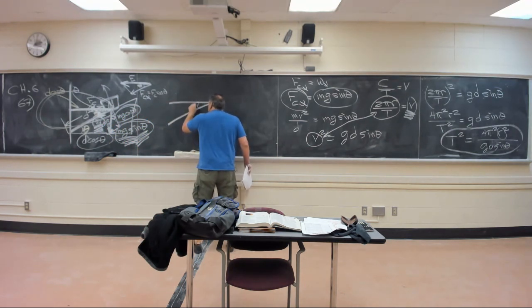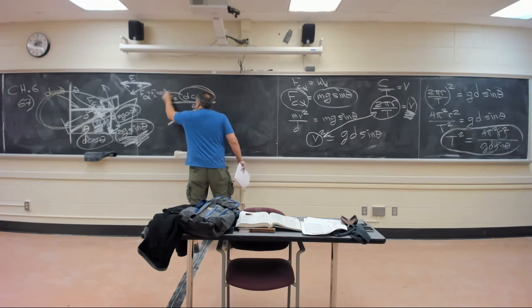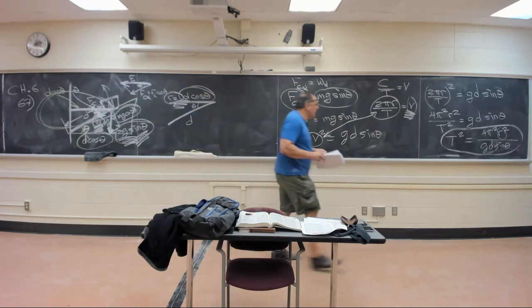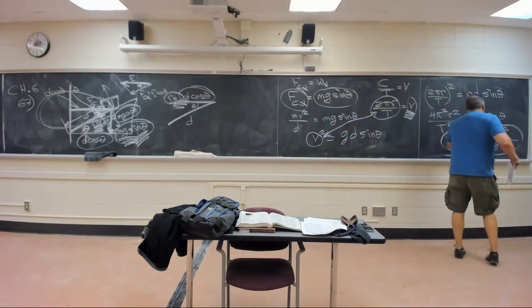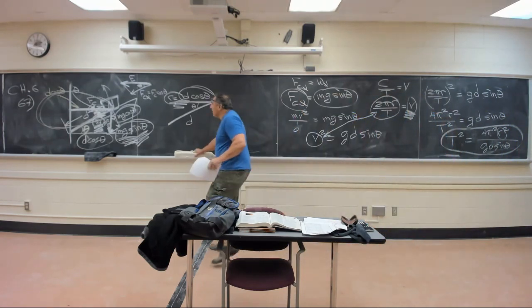Here's theta. This is D cosine theta. That's your radius, ladies and gentlemen. That's the radius right here. That's D cosine theta. So let's see what we got here.